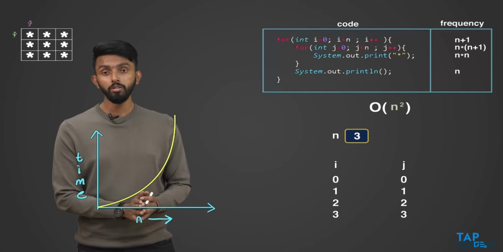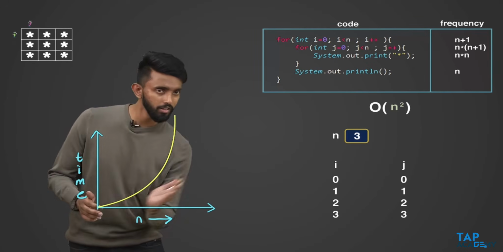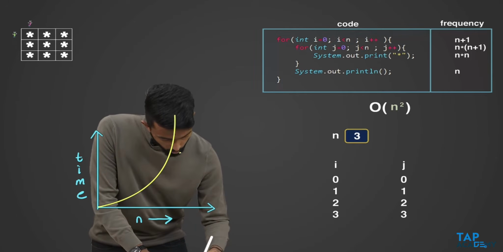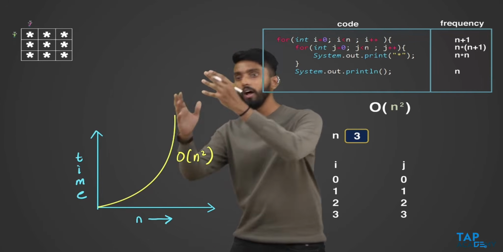I hope you're able to think, right? So it's squaring, so it will really increase like this. This is how your big O of n square would look if you were to plot a graph.